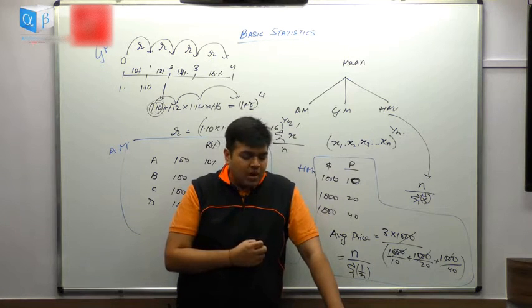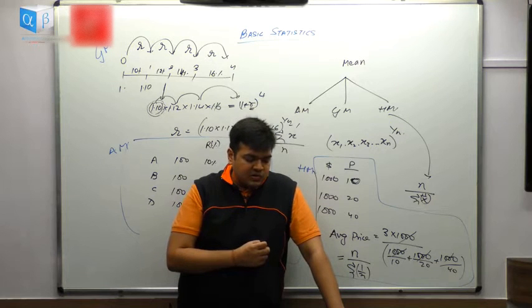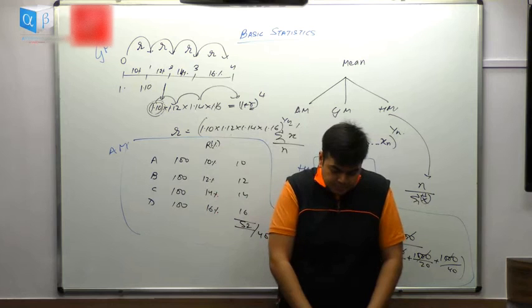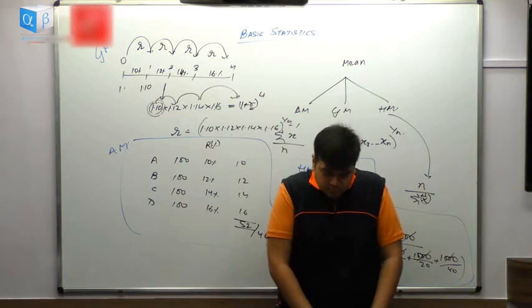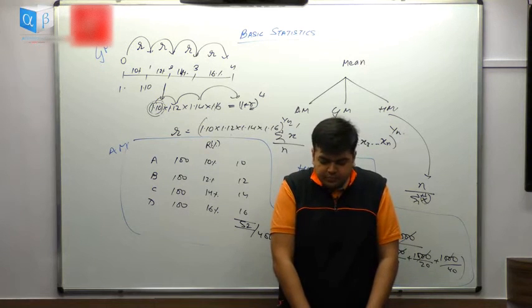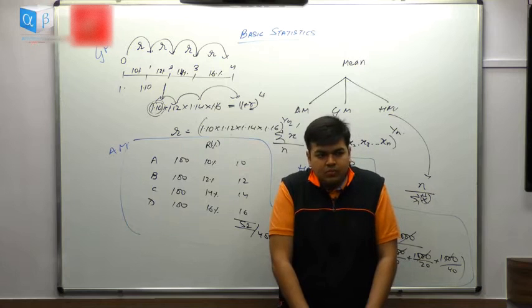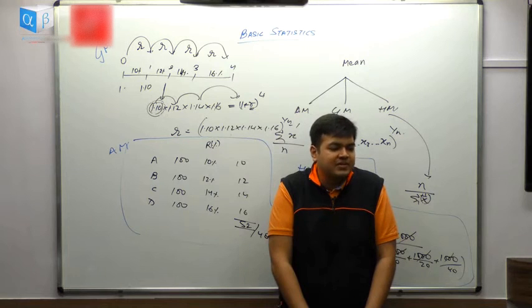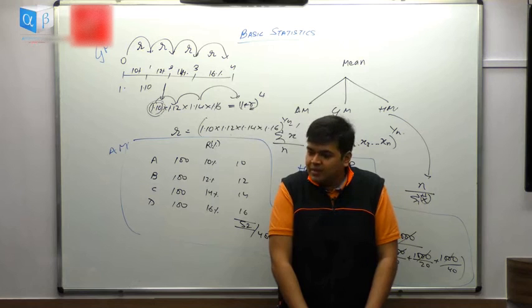Invest equal dollar amounts in multiple stocks and calculating its average price. Done? Investing equal dollar amounts in multiple stocks and calculating its average price. That is HM. Everyone sure? Understood everything? Alright.